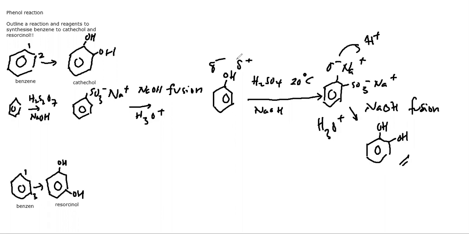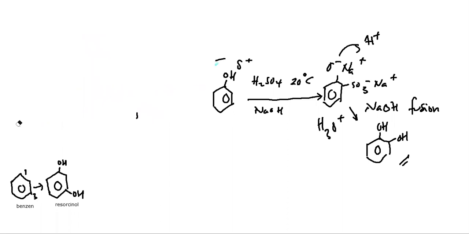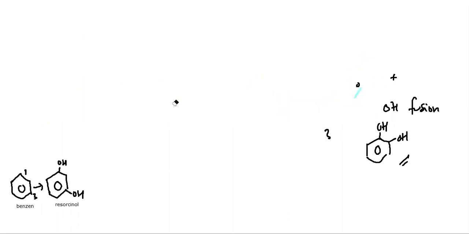Okay, so how about the second one? Let me erase this one. The second one is how do we convert benzene to resorcinol? We have a series of pathways that we can use to synthesize the product resorcinol.